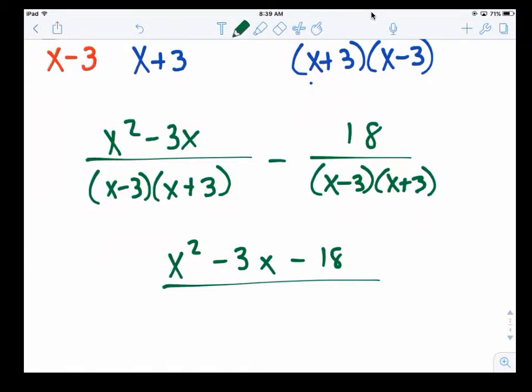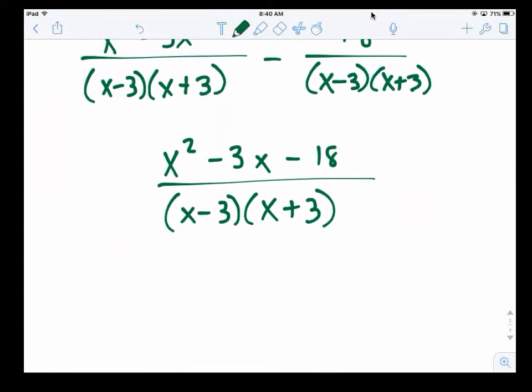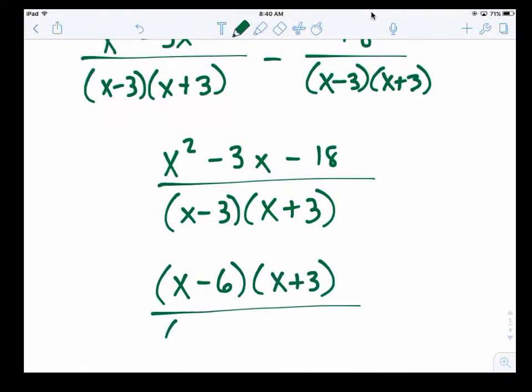Remember, you distribute the negative, and you got x minus 3, x plus 3. Okay, could you factor the top? It'd be what? x minus 6, x plus 3 over x minus 3, x plus 3.